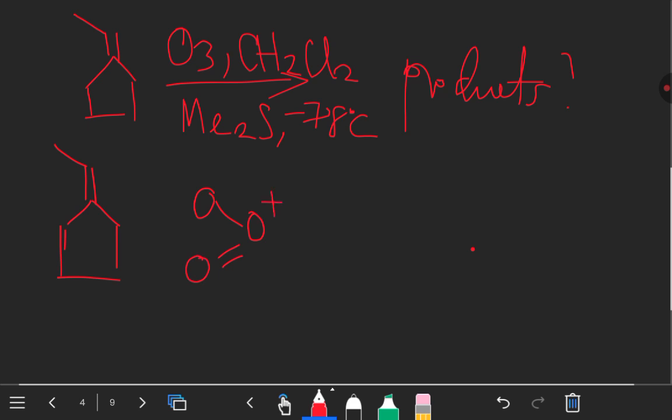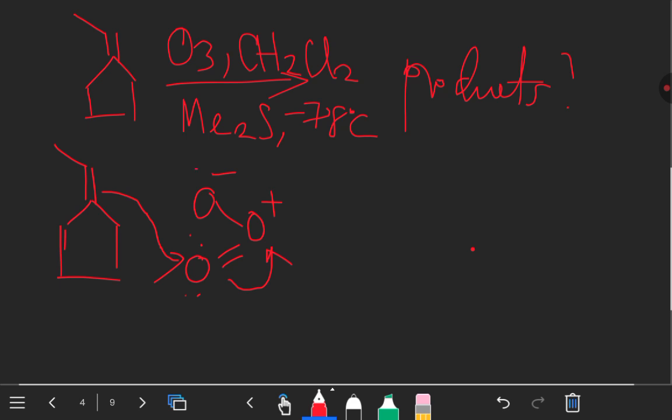Now it has a positive charge, then that one will have a negative charge. So the first thing that happens in this reaction is that this bond is going to attack this oxygen here, because this oxygen also has lone pairs of electrons. It can make a double bond with this oxygen, this bond can break, donating electrons to this oxygen which is positively charged. Then the negative charge will be neutralized.